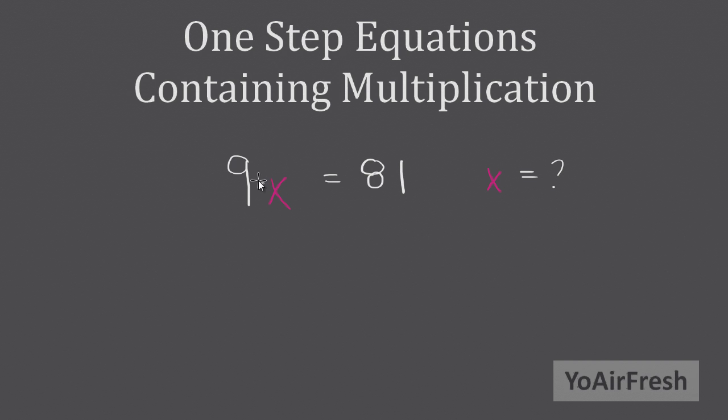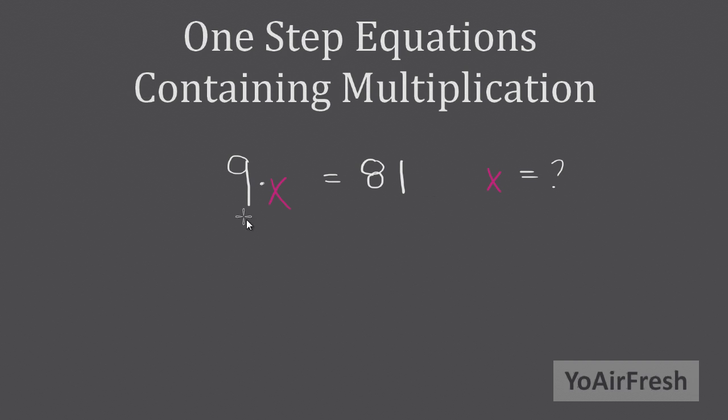Since there's multiplication in the equation, we can undo that multiplication with division. When using division to solve a problem like this, whatever we do to one side, we have to do to the other.